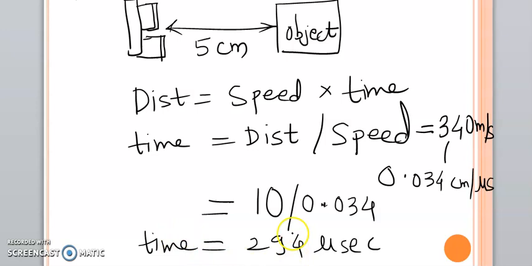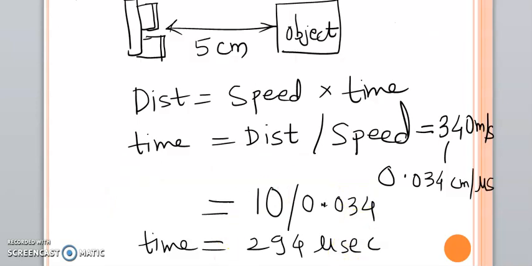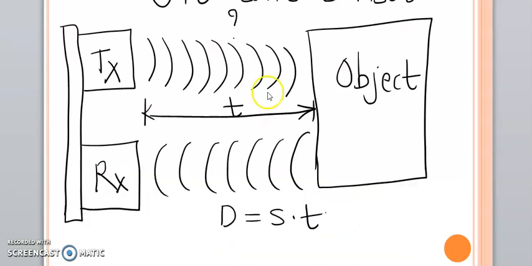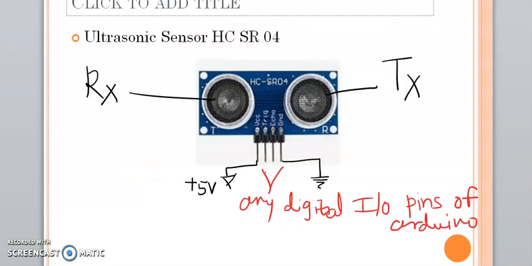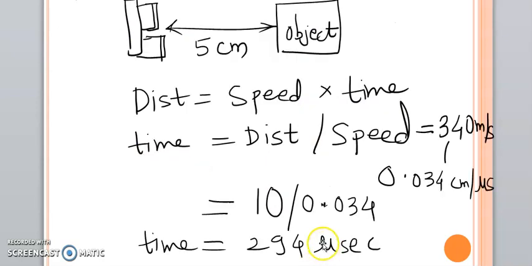This implies that the total time of travel of ultrasonic waves from sensor to object and from object back to sensor is 294. So you can say it's a double time, because the wave travels forward and again backward. So the time that the echo pin senses is double, that is forward plus reverse. So this time indicates 294 microsecond.